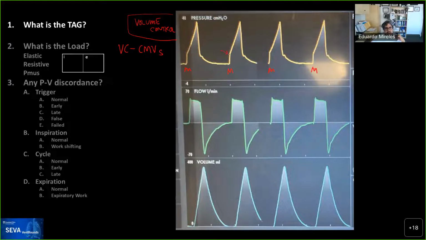All the breaths are mandatory because the machine is triggering all the breaths. And then in terms of set points, you set the tidal volume, you set the I time or the flow, you set the respiratory rate, you set the PEEP, and you set the rise time. In this case, there is no rise time. So those are the things that you would set.